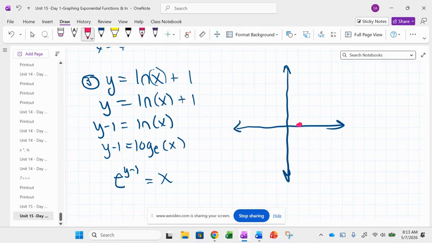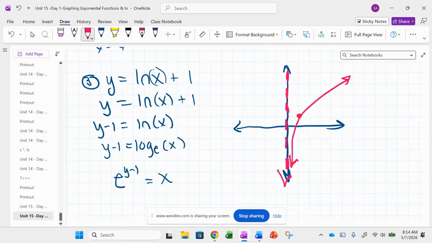But now I have shifted this 1 unit where? Up. We're going to have that vertical asymptote 1 unit to the left. And we are increasing, so it looks something like that.